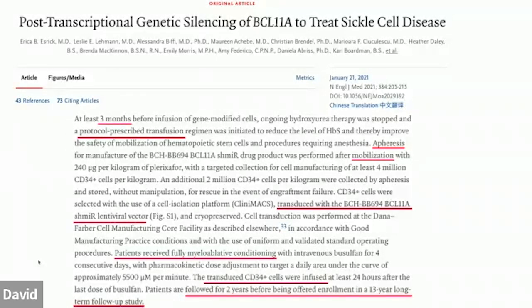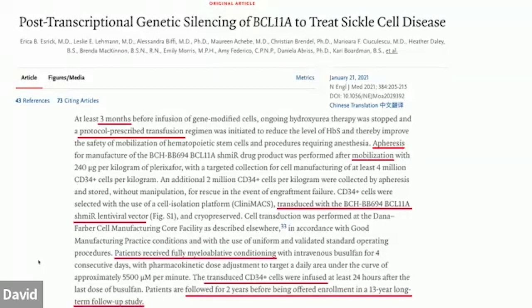And whatever is remaining at the end is then transplanted back into patients, and after engraftment, those patients begin to produce higher than normal levels of fetal hemoglobin. But before even transplantation, patients undergo myeloablative conditioning with chemo agents. And in some patients, that has led to cancer many years later, right?